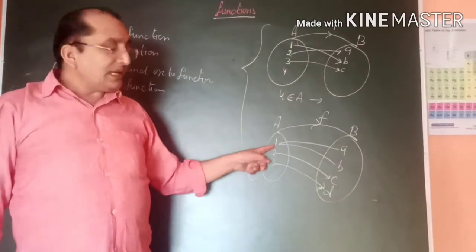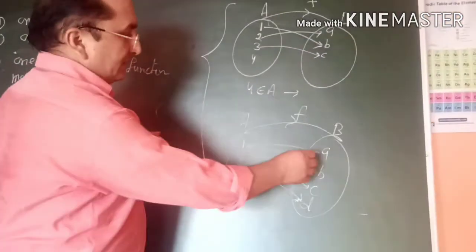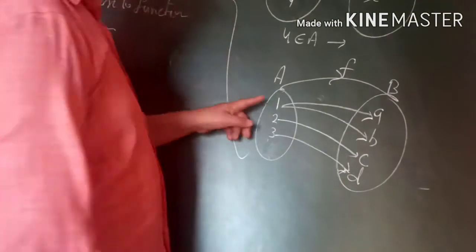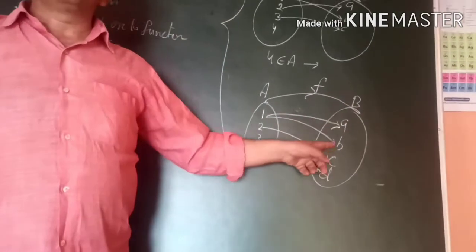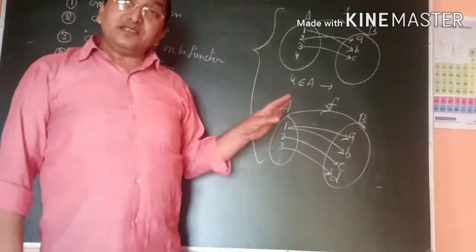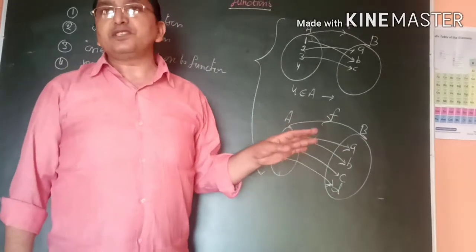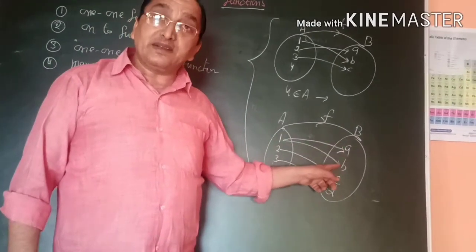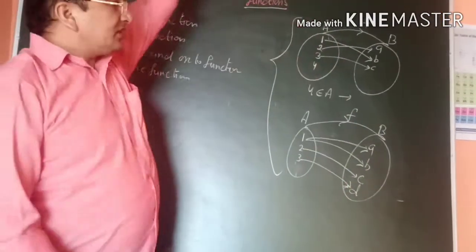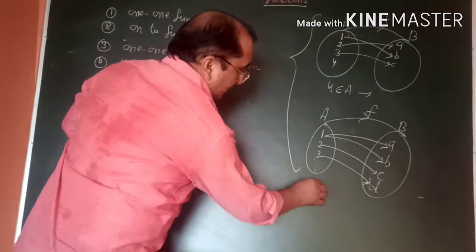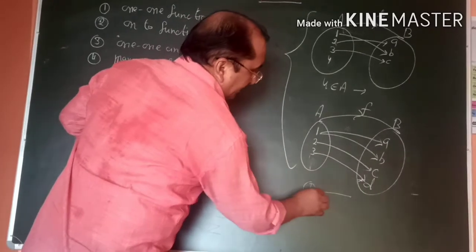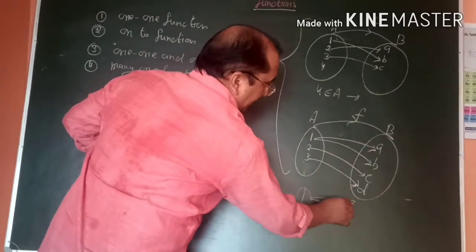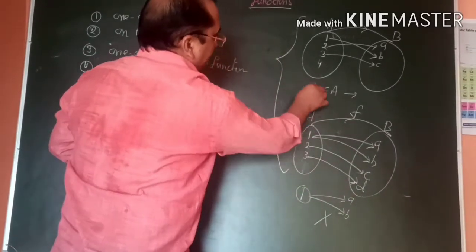Now see, one element has two images. One element, 1, has A and B. In a relation this is possible, but in a function it is not possible, because one element having two images A and B is not allowed.